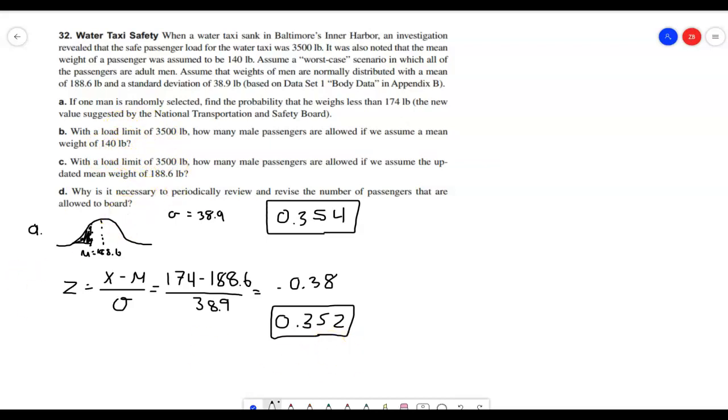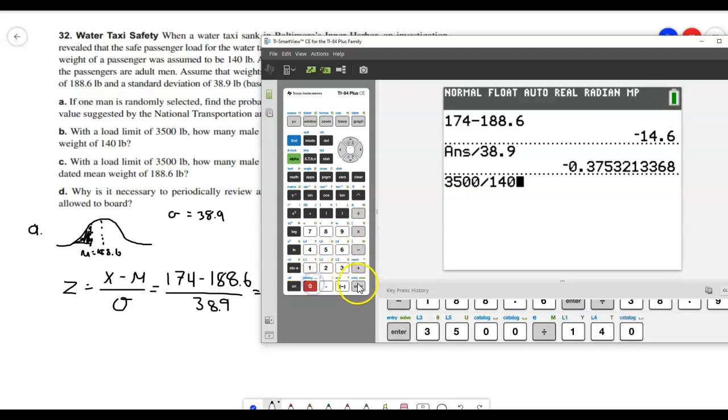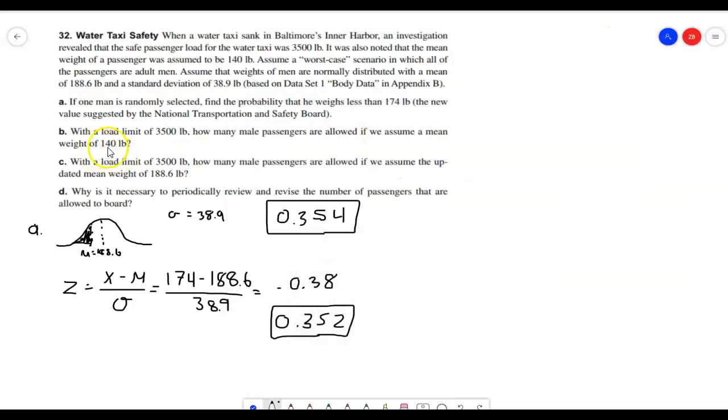So if we bring up our calculator, just 3,500 divided by 140, and 25, right? So if they're saying that there's a mean weight of 140 pounds, they're saying we could have 25 people on there, right?